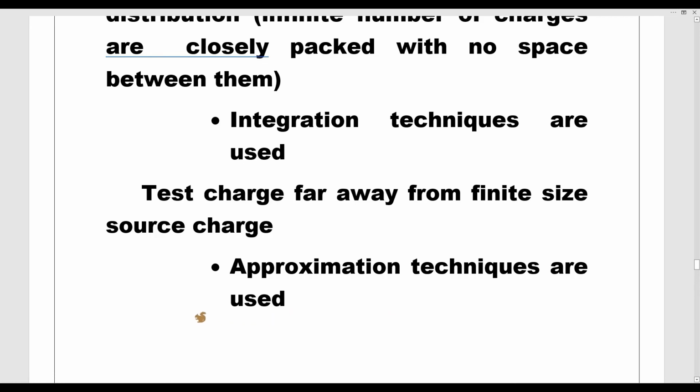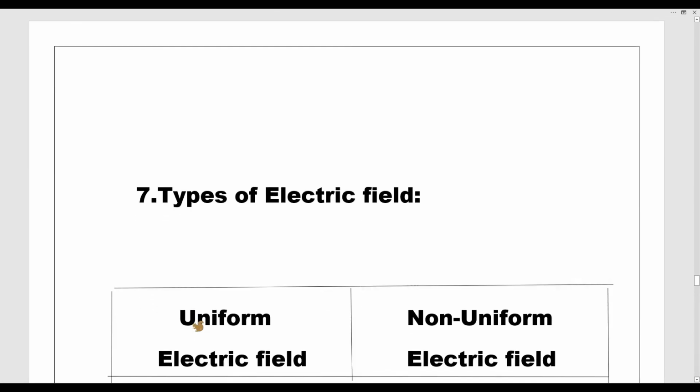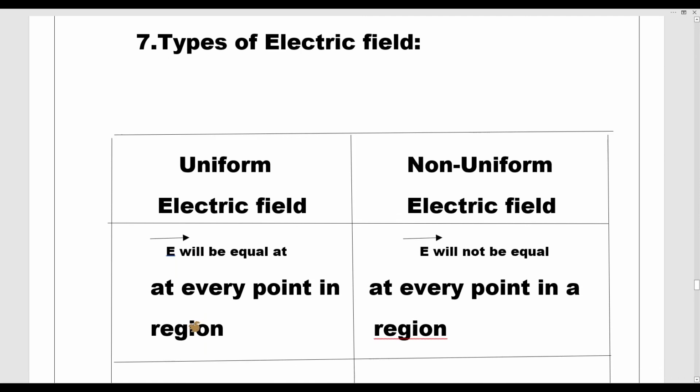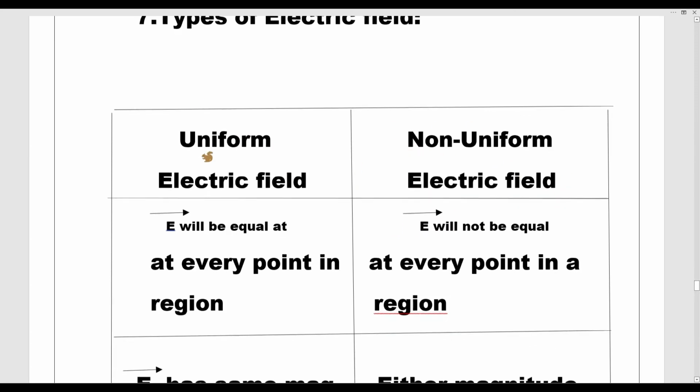Okay guys, now we move on to the next aspect, the types of electric field. Electric field is of two kinds, uniform electric field and non-uniform electric field. In uniform electric field, the value of electric field at every point in a region will be equal.